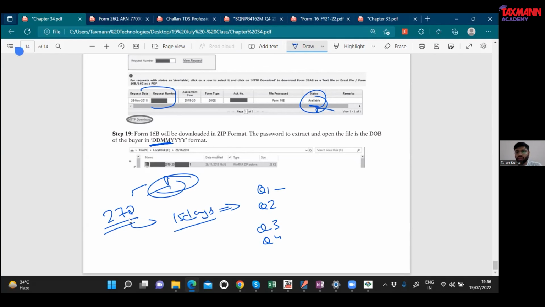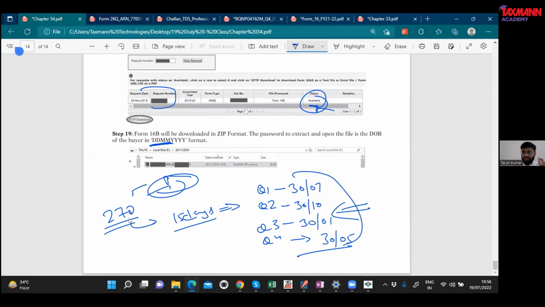It will be 30th July, 30th October, then 30th January, then 30th May. Form is 27D, and these are the due dates.